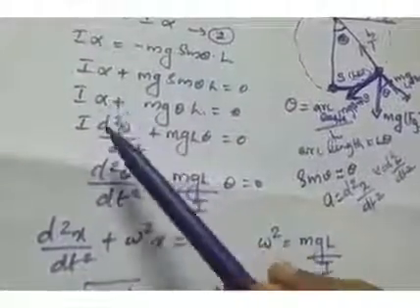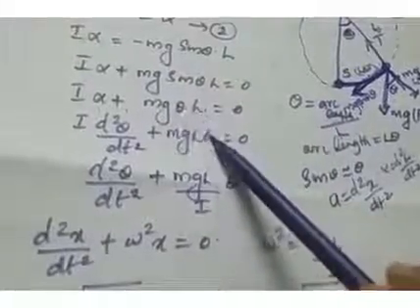So angular acceleration we can write as d square theta by dt square. X is replaced by theta in the case of angular acceleration alpha. So here, I into, instead of alpha, we can write d square theta by dt square, plus mgl, we can write mgl together, then theta equal to 0.